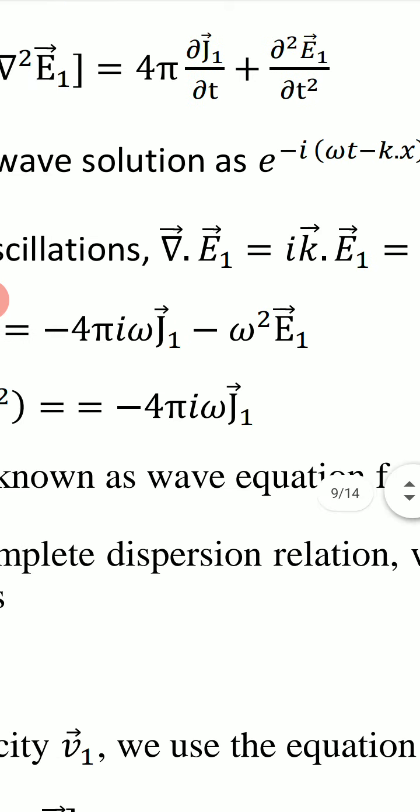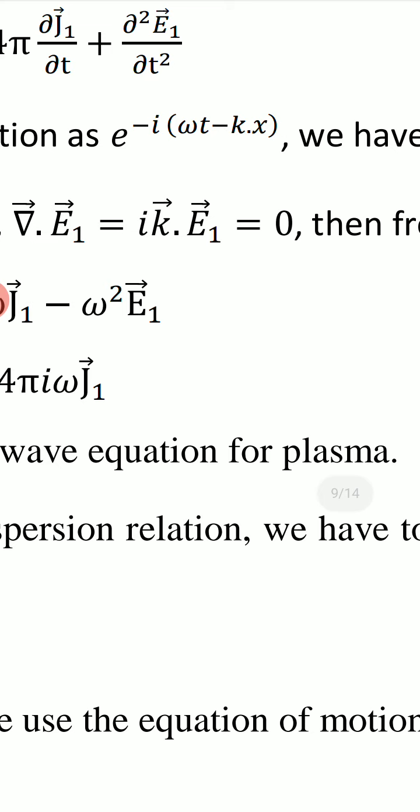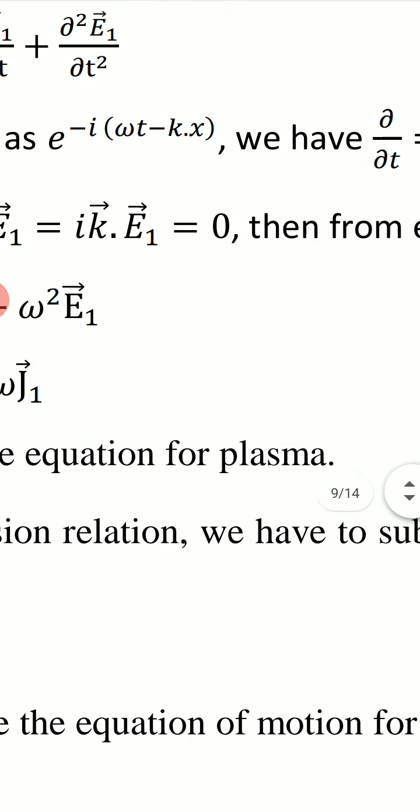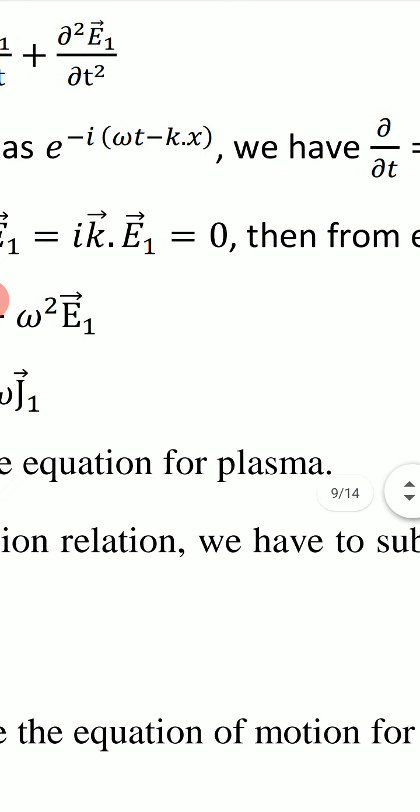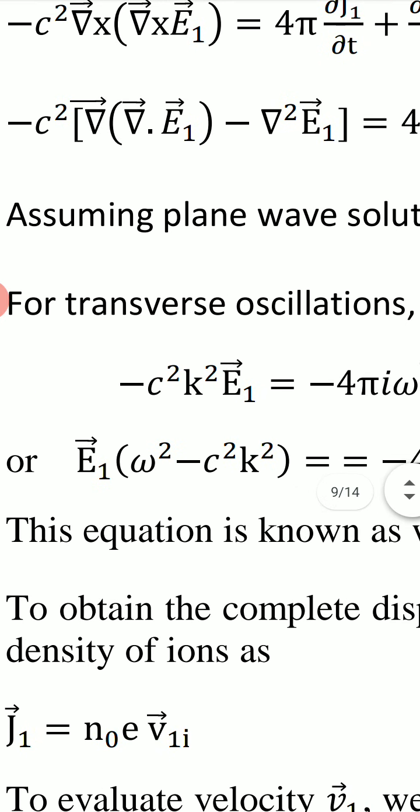For transverse oscillations this is equal to 0, because the k vector is perpendicular to the E1 vector. The electric field oscillates in a direction perpendicular to the direction of propagation. Then from equation 6 the first term on the left-hand side is 0.